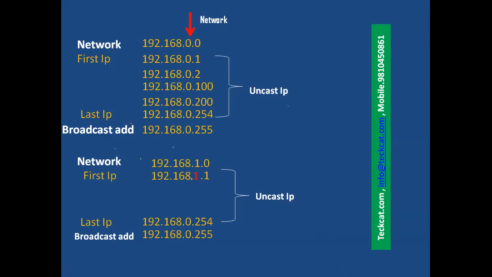Okay, sir. Now I have one more very important question here. One of my friends is telling me that he has one office and there are 300 computers there. What is he going to do?